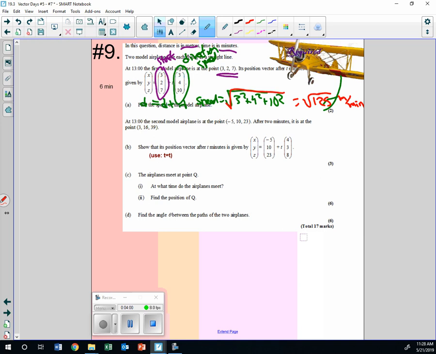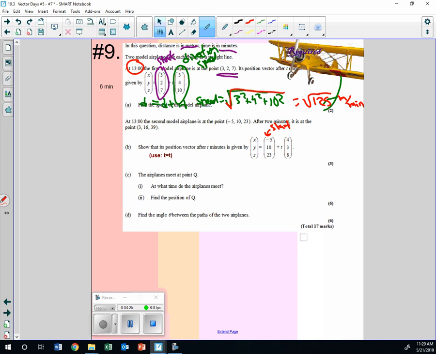At 1300 hours, the same time as this one, a second plane moves from this starting point. So this is their starting point. And it's moving for 2 minutes. And after 2 minutes, it gets to the point 3, 16, 39. Show that this position vector is correct.